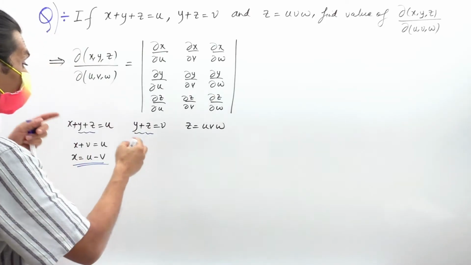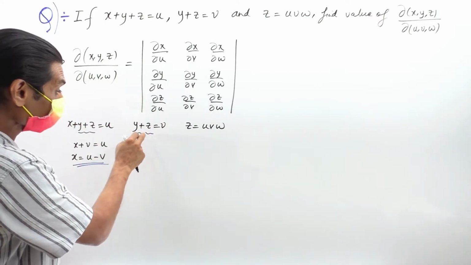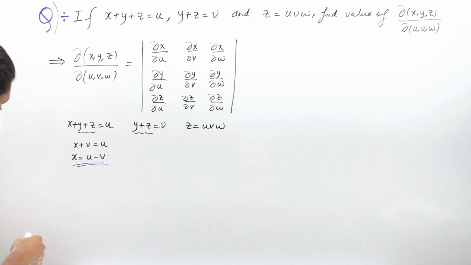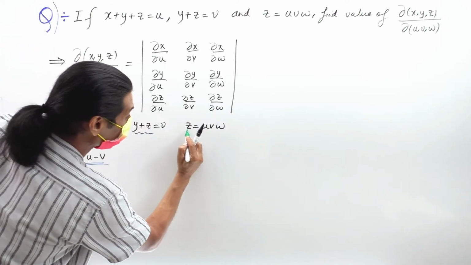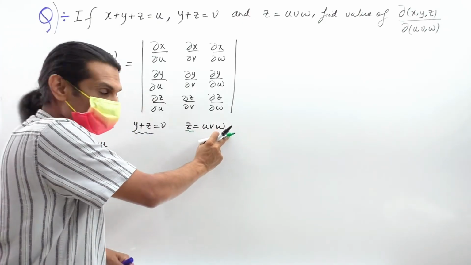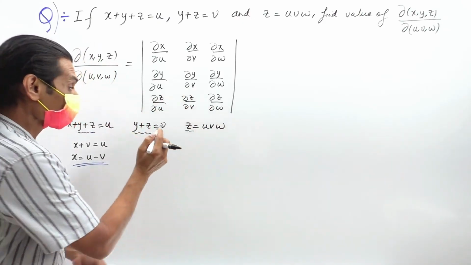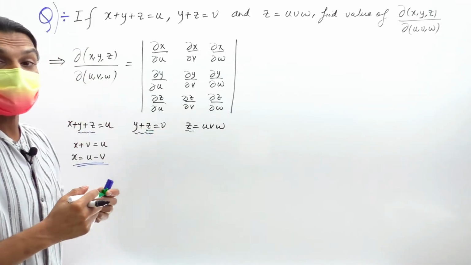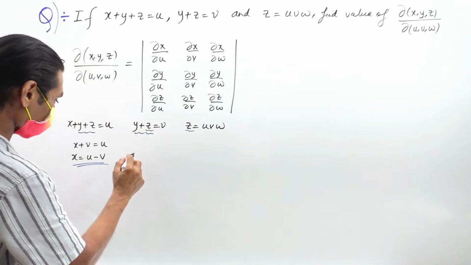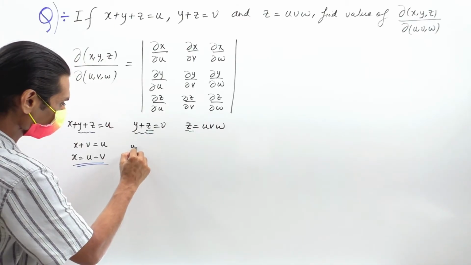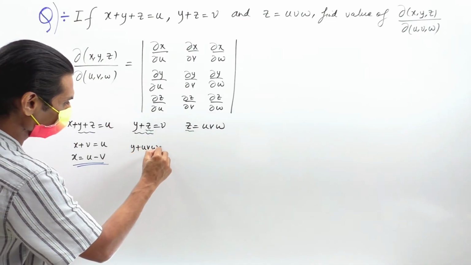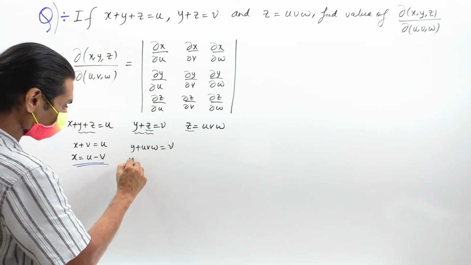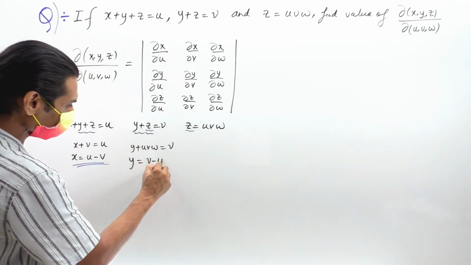Fine. Next, again, see here. We have z is equal to uvw, and y plus z is equal to v. So here I can put z is equal to uvw. So again, y plus uvw is equal to v. So y is equal to v minus uvw.